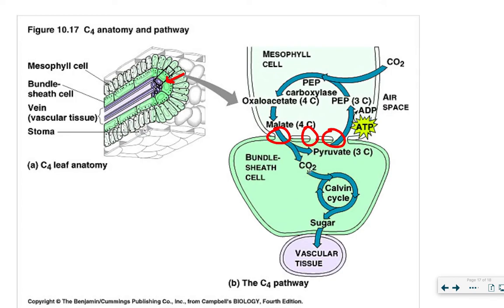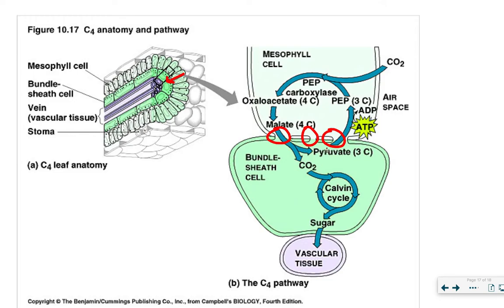The significance of this is the bundle sheath cells contain the Calvin cycle, and so at this time, carbon dioxide is the only gas that Rubisco will have access to, and the Calvin cycle will proceed as normal. And so glucose will be produced and sent into the vascular tissue for transport.